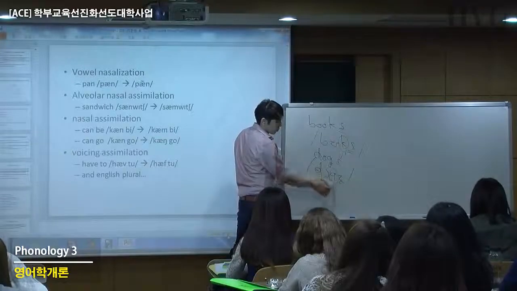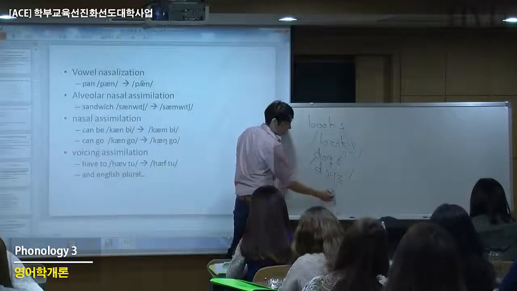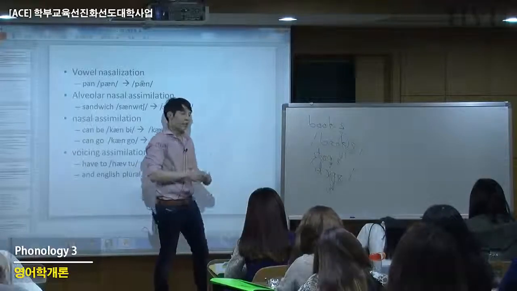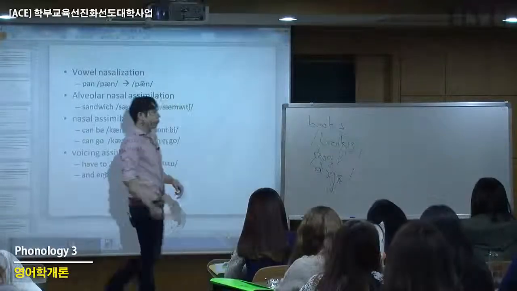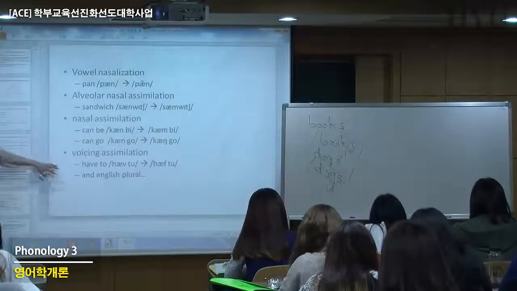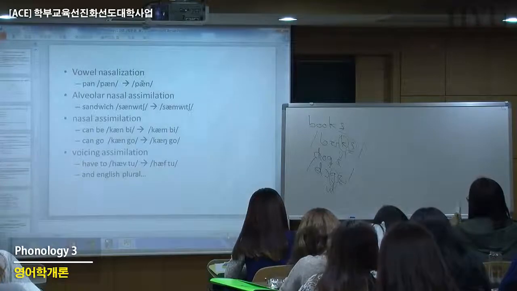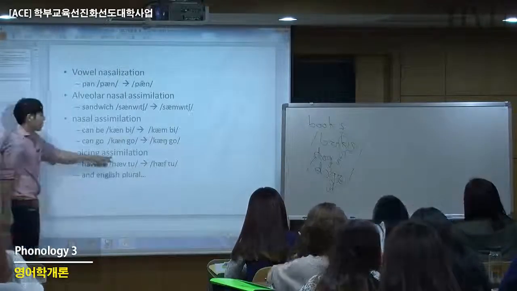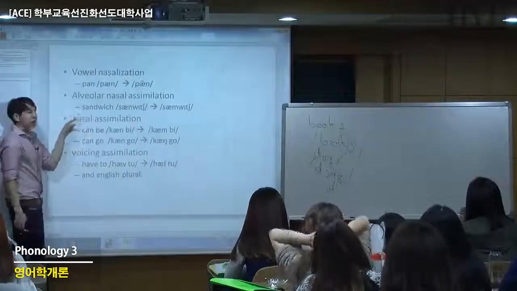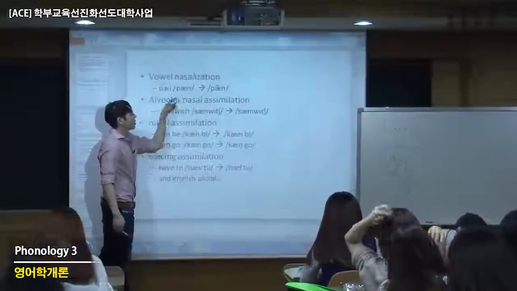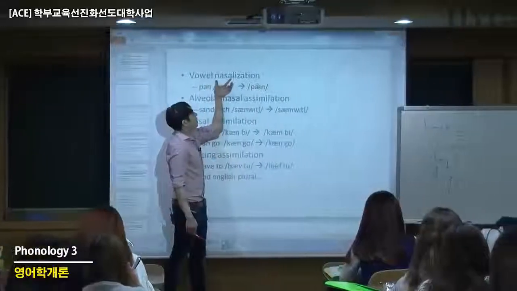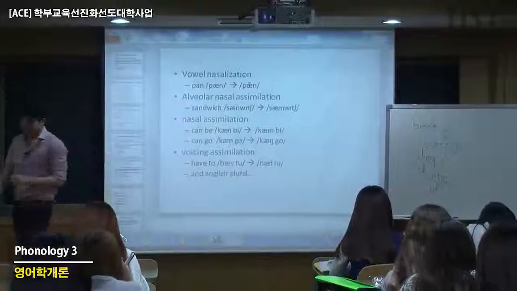Because the sound before it is voiced. So it has to match, okay? Or the ED in English as well. We'll talk about that more, but it's another example of voicing assimilation. So to be similar in terms of voice, to be similar in terms of nasalization and alveolar, and then same thing. Okay?